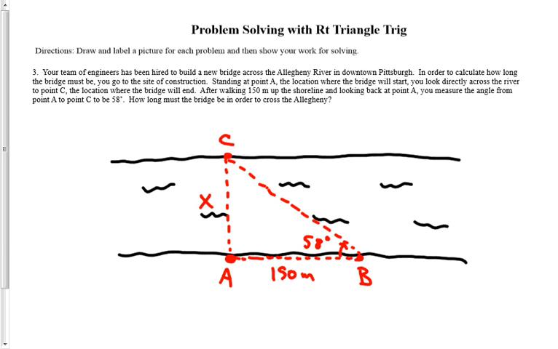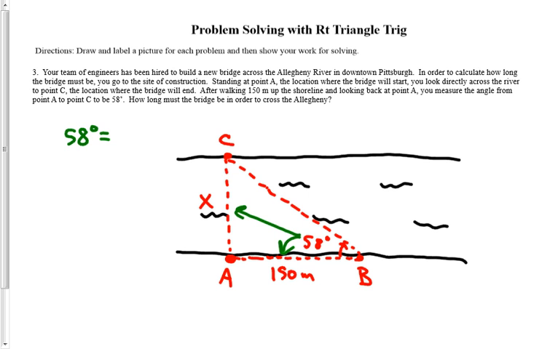So based on the angle 58 degrees, I'm trying to find the opposite side, and I know the adjacent side. That's cosine. So let's do our work over here. We have cosine of 58 degrees equals, not cosine. Opposite over adjacent isn't cosine at all. It's tangent.